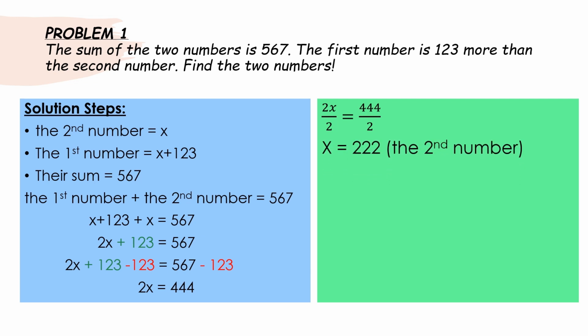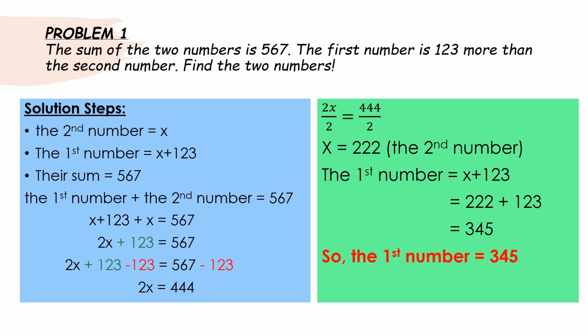So x equals 222, which is the second number. So the first number is 222 plus 123 equals 345. So the first number is 345 and the second number is 222.